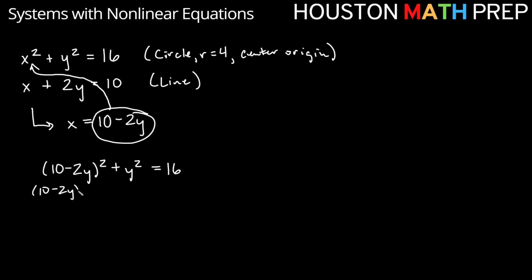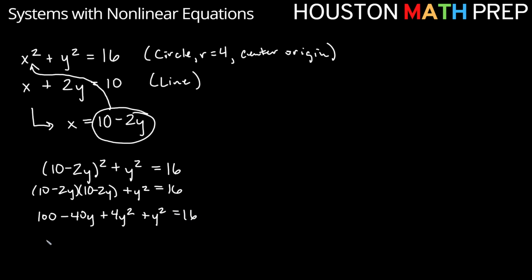So if it helps you with the algebra to write two copies next to each other so you can distribute, FOIL, all that stuff, and make sure that you get the correct thing, that's fine. So our first term here is going to give us 100. We'll get minus 20y and minus 20 more y, so that's going to give us minus 40y. And then here we'll get plus 4y squared. We'll have another y squared from this term here equal to 16.